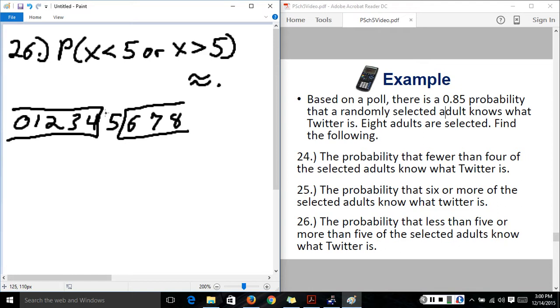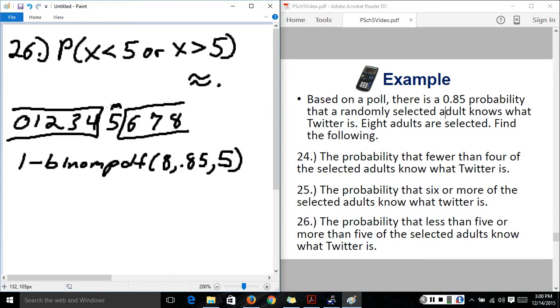Is there a faster way? Why, yes, there is. Use the complement. 1 minus binomial PDF, 8 successes, 0.85 success rate, and 5 successes that I do not want. By using the complement, I'm finding the probability of exactly 5 successes. That's this one in the middle. That's the one I don't want. So if I subtract it from 1, I get rid of it.